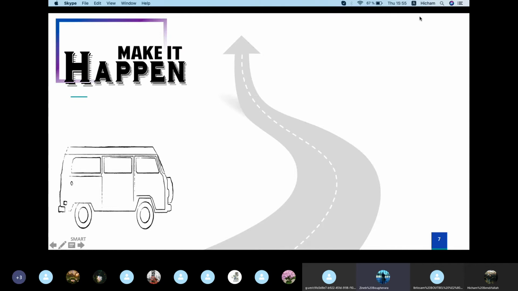So you can provide a SMART goal for your whole sequence. And the goal here is broad, because you are going to break it down into different lessons.